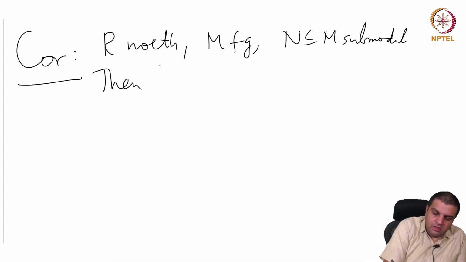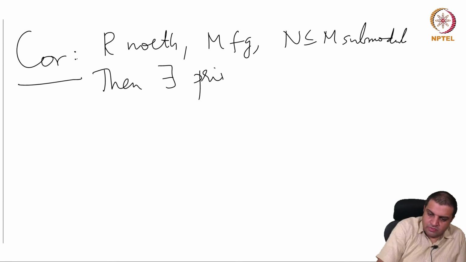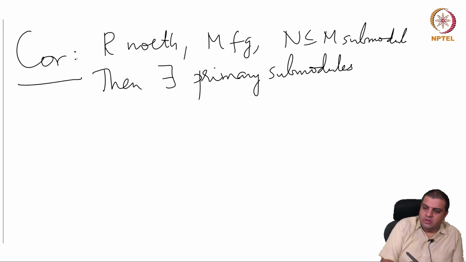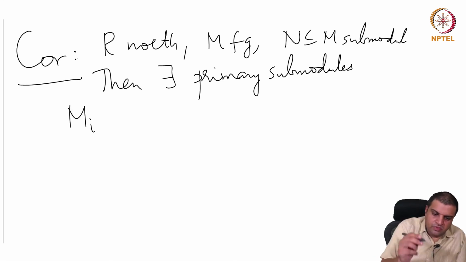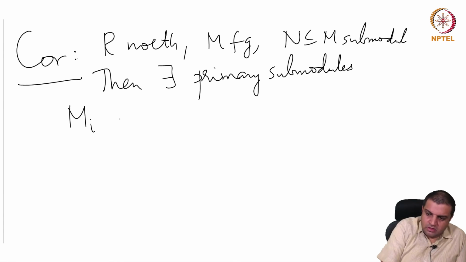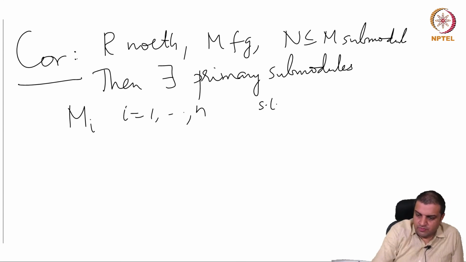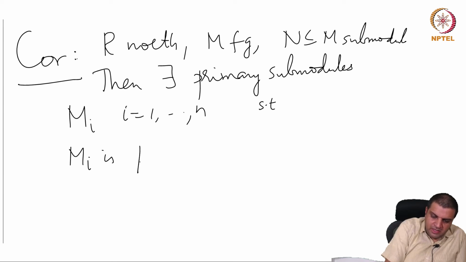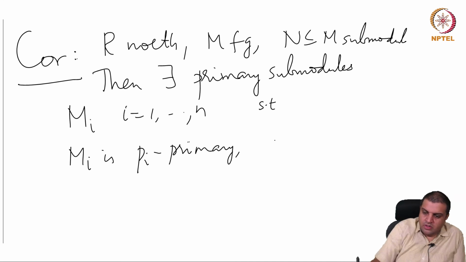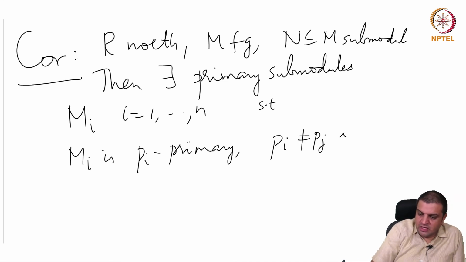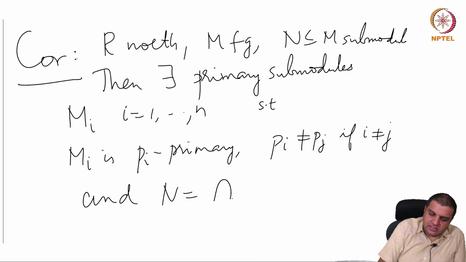Then there exist primary submodules Mi, i goes from 1 to n, such that Mi is Pi primary, Pi is different from Pj if i is different from j, and N is the intersection of these Mi's.